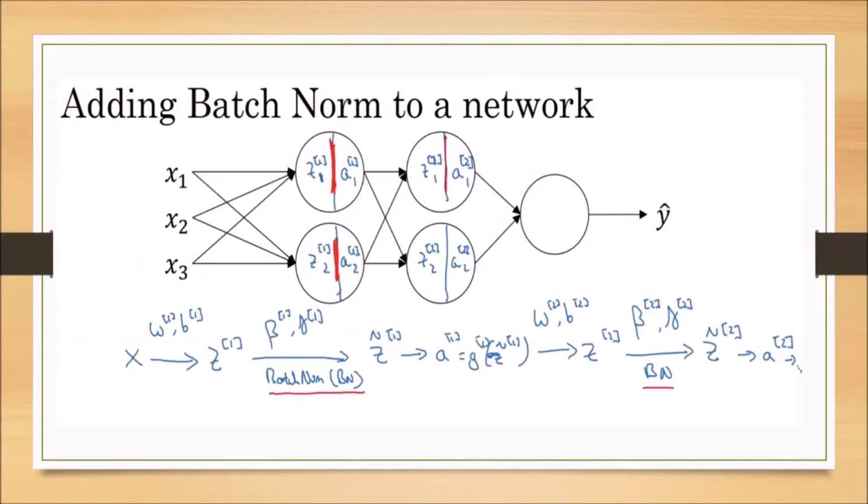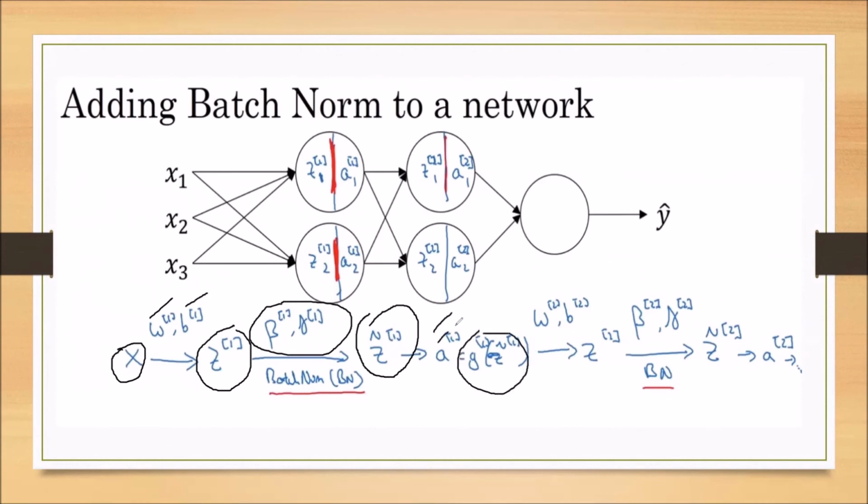until the last layer. So first, by taking the x input features, and with the parameters w and b, we calculate z. By using this z, we normalize it using beta and gamma. We give this normalized z to the activation function, and g of this normalized z gives the output from the first layer activation function.